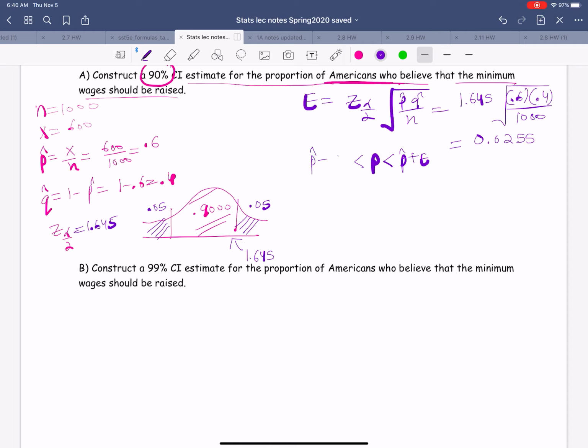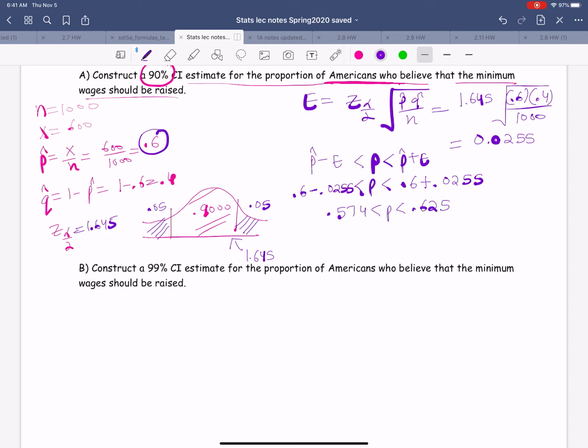Now it is time to estimate the actual population proportion, and we've talked about how to estimate the population proportion: we would be doing p hat plus e and p hat minus e. So p hat is already given in the beginning, so that's 0.6 plus 0.0255, and then 0.6 minus 0.0255. Use a calculator and it turns out to be 0.574 less than p less than 0.625.